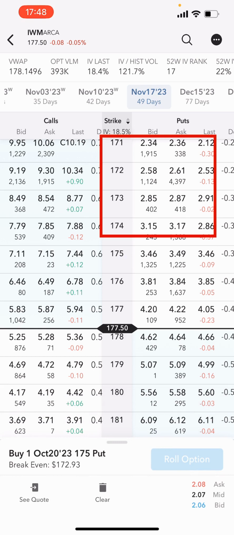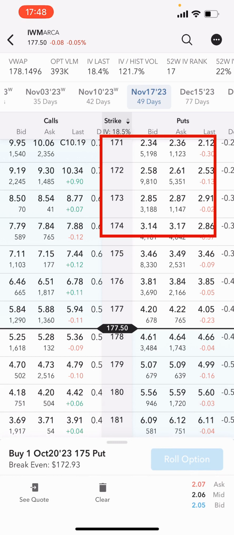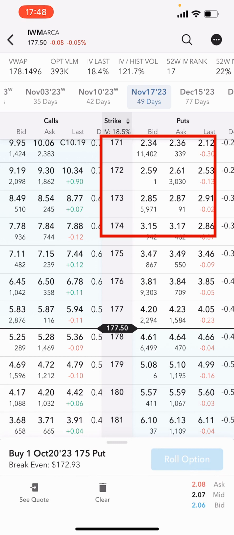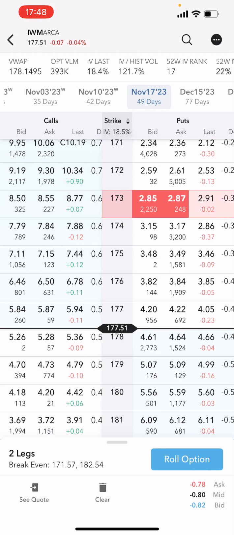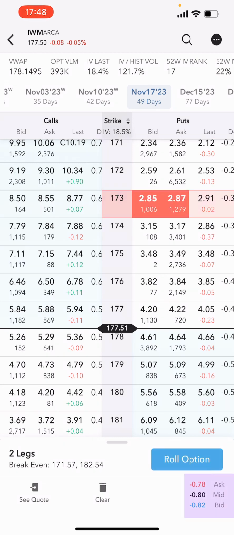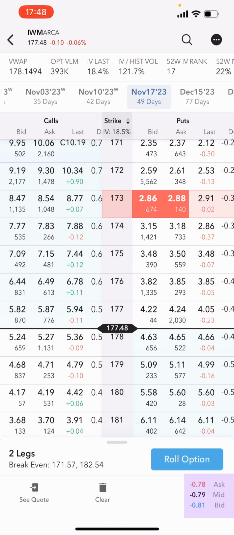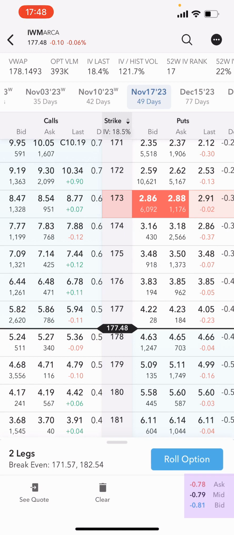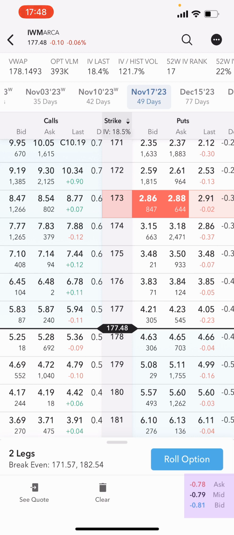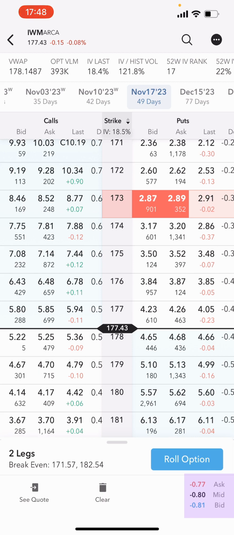But you can see here that we've got some strikes below 175 where we can actually do this for a potential net credit. So if I go for the 173, which looks pretty good at $80, so 3 contracts, $80 is $2.40 or $240 potential net credit by doing this trade.